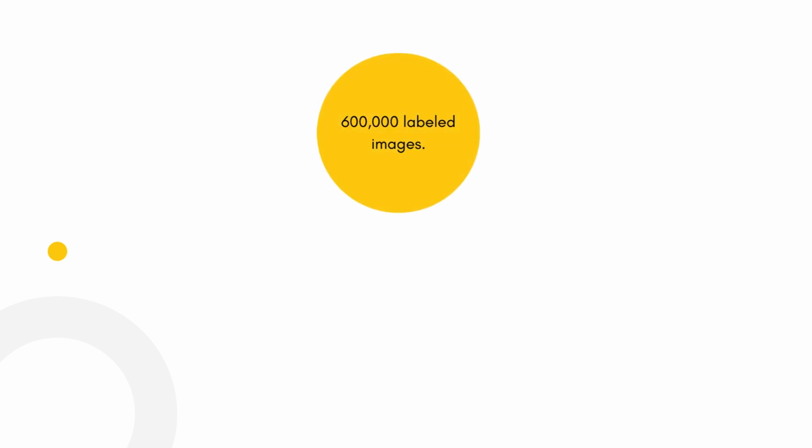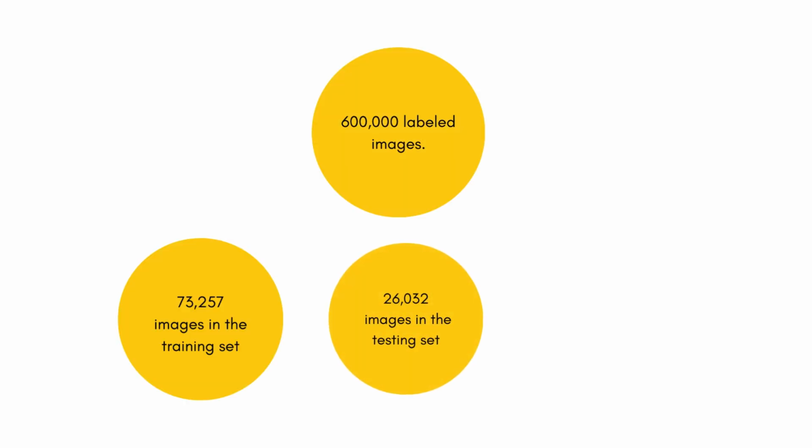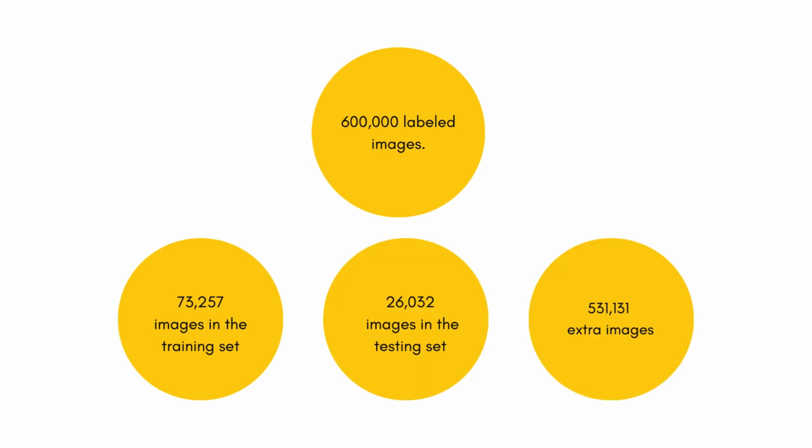The dataset consists of 600,000 labeled images, of which 73,000 images are for the training set and 26,000 images are in the test set. There is an additional set of 531,000 images for training and testing purposes.